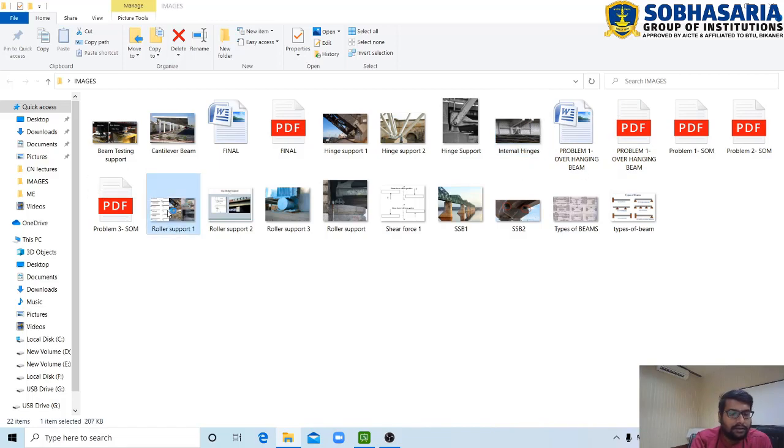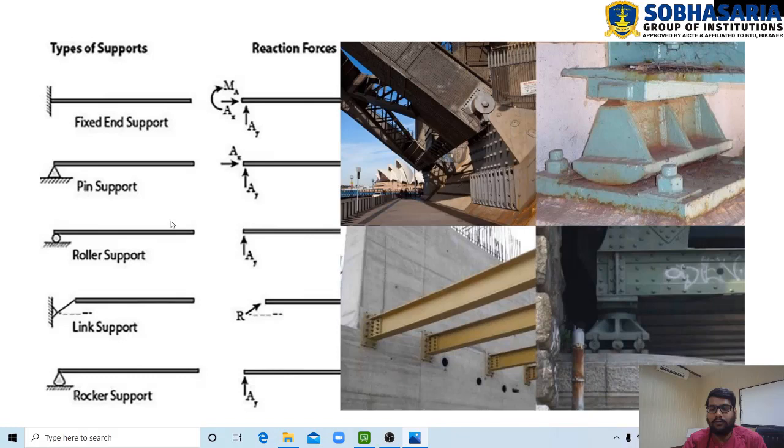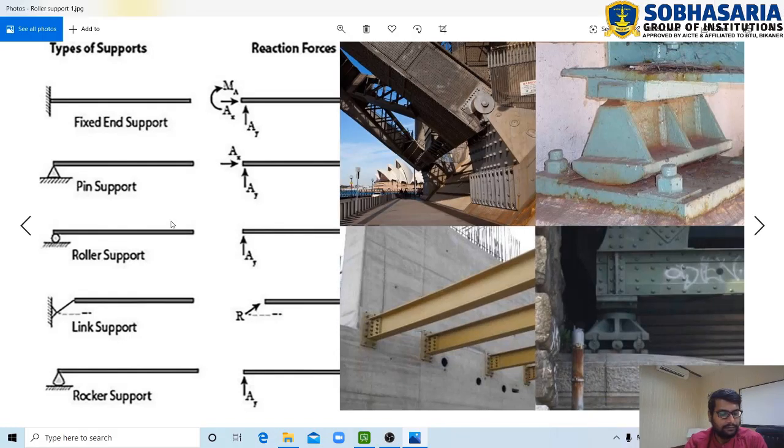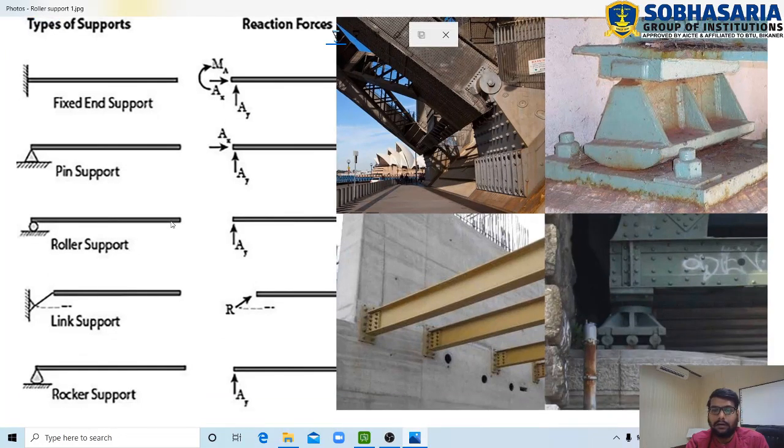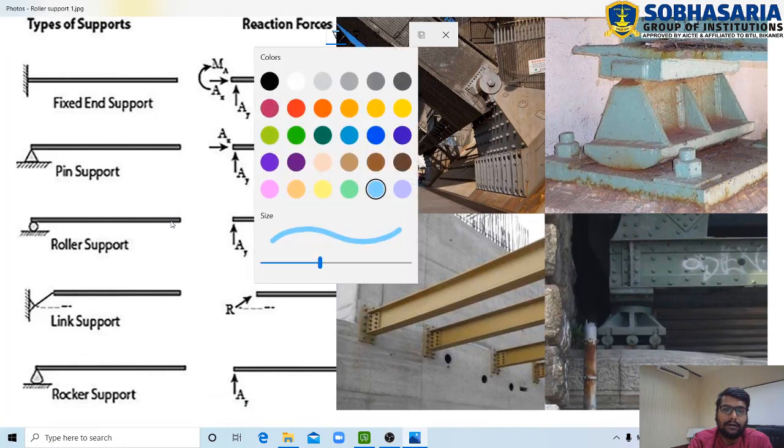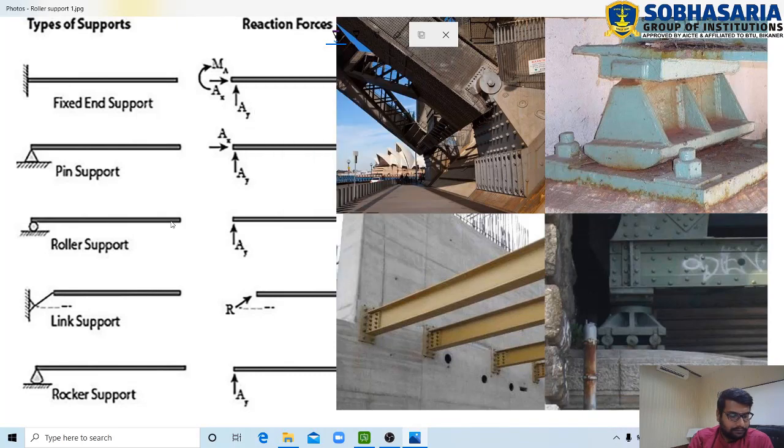There is one picture which shows the type of supports and the reactions. You can see here that is fixed end support. As you know, in fixed end support, the movement and the forces along vertical and horizontal direction are restrained.